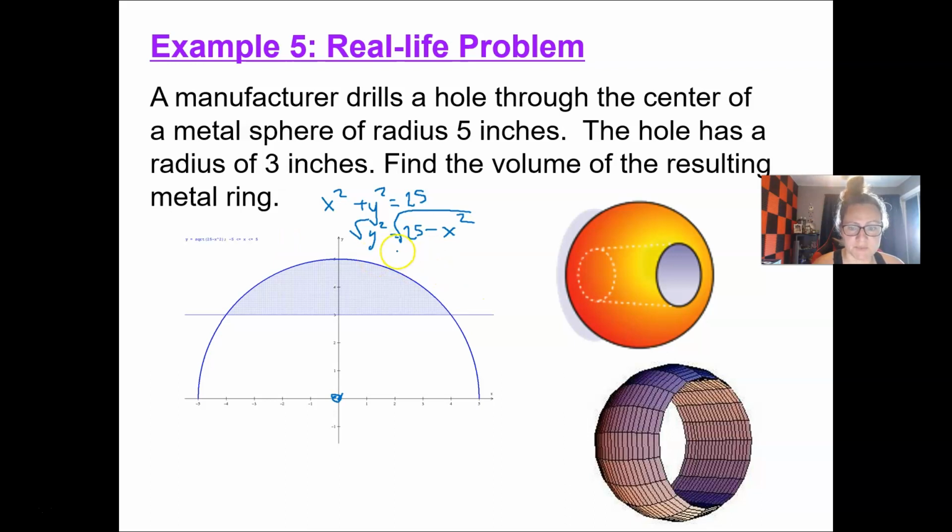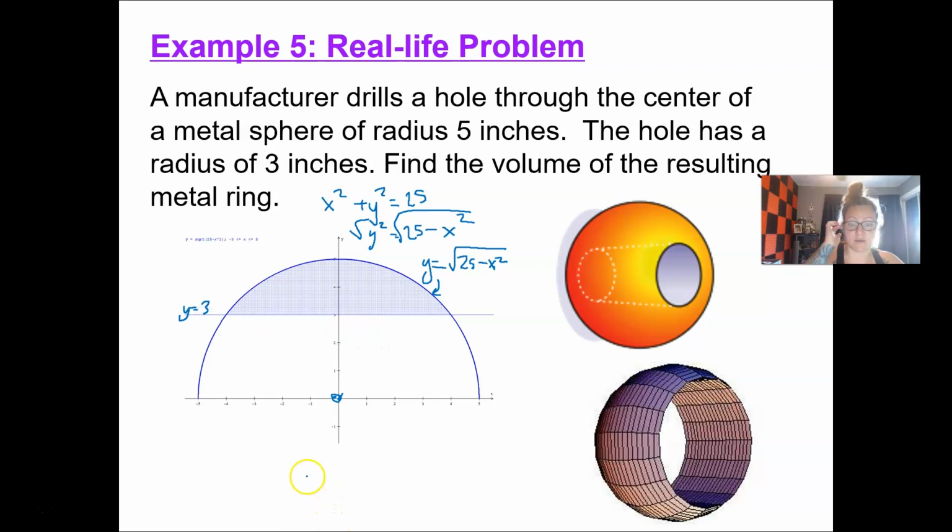But because we can only see the top one, we only care about the positive side. So y equals positive square root of 25 minus x squared. So that is my upper function, this one right here. And then my lower function is a horizontal line at 3. So this line is y equals 3.